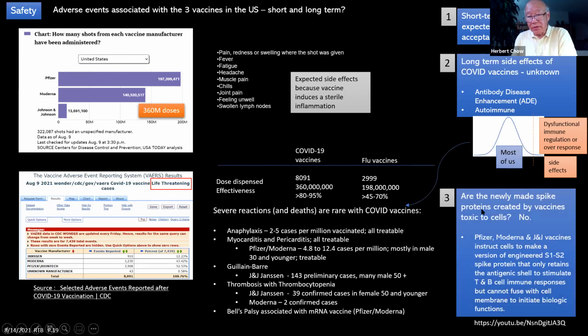There are some rumors going around saying the newly made spike proteins created by vaccines are actually toxic to cells. There is some reasoning behind it, but I don't want to go into it. If you look at the spike proteins made through these vaccines, they are not the natural version. These are engineered spike proteins.